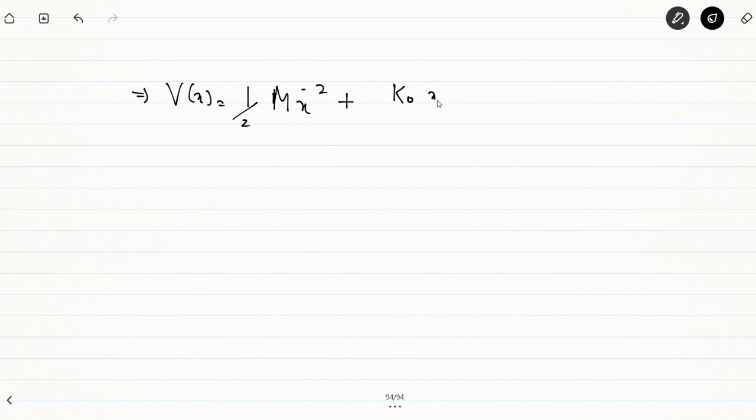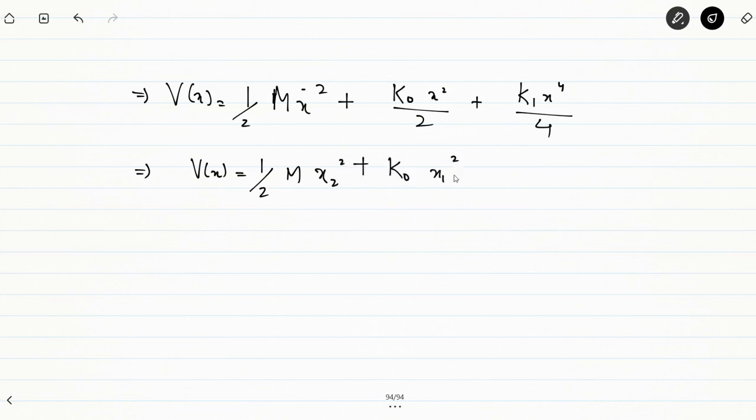So this becomes k naught x square by 2 plus k1 x to the power 4 divided by 4. Fine. So we have this energy function of the system, where x can be treated as x1 and x dot, that is x1 dot, will be treated as x2. Therefore, v of x in that case will now be equal to 1 half of m x2 square plus k naught x1 square by 2 plus k1 x1 to the power 4 divided by 4.